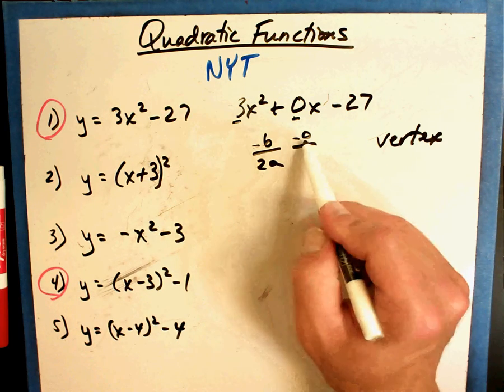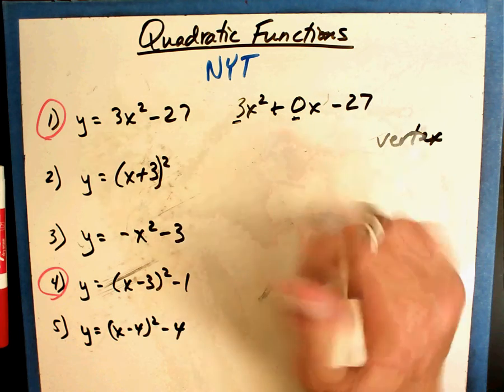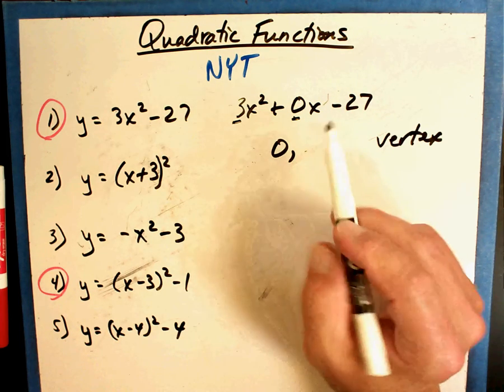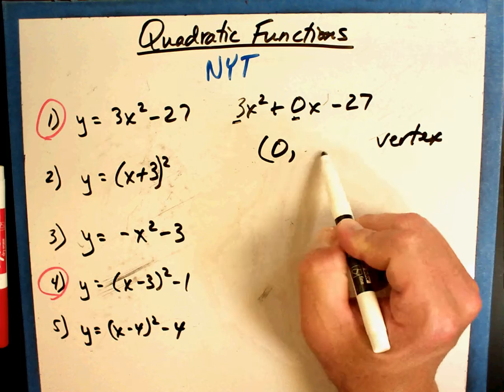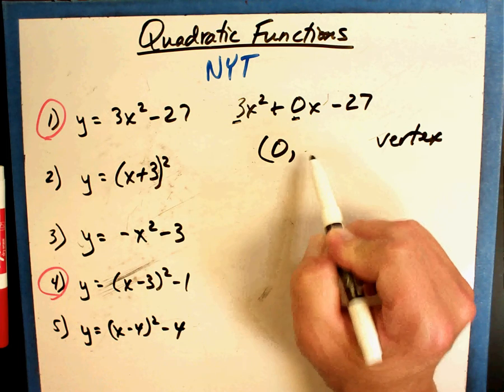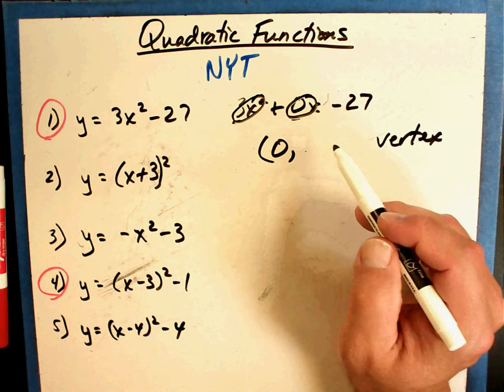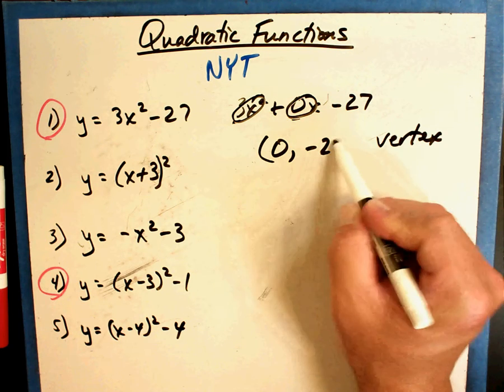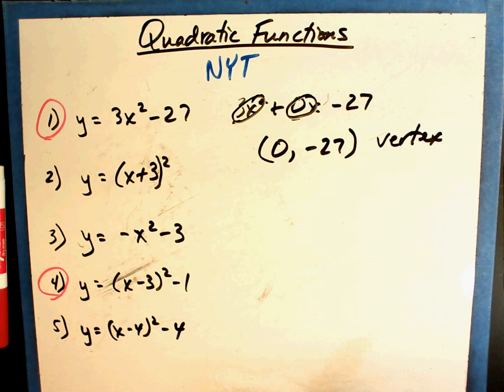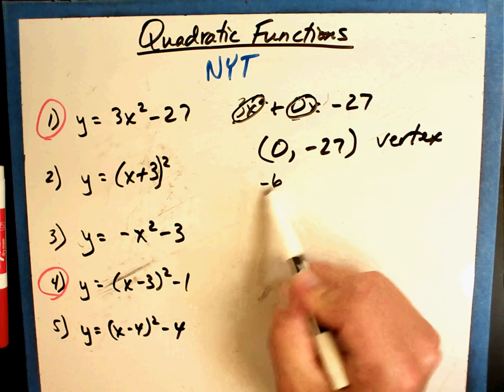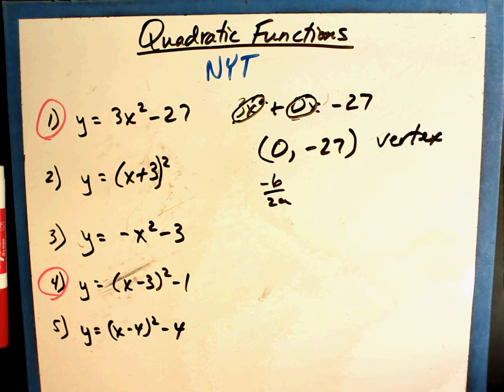Well, 0 on the top automatically makes that 0, so I don't have to do any other math. So I've got that as a 0. Now the second one is the function of that. So if I put the function of 0 in there, that becomes a 0, that becomes a 0, and all that's left is negative 27. So there's my vertex. Remember, minus b over 2a was the function I was using.